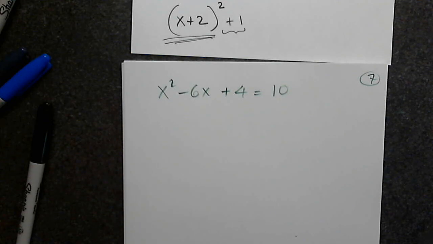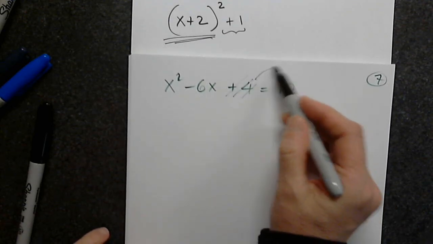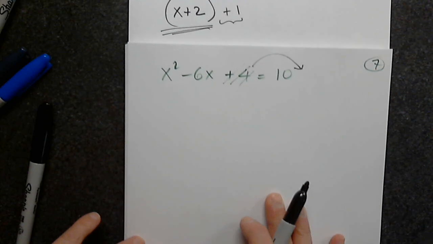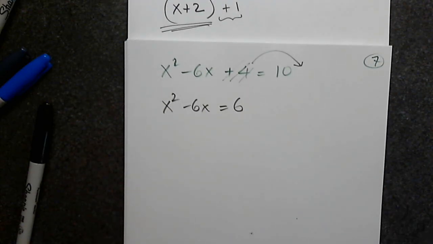We are forced to use completing the square on this problem. What do you think I'm going to do first? I want the 4 out of the way. I move positive 4 to the other side, it becomes negative, and 10 minus 4 is 6.